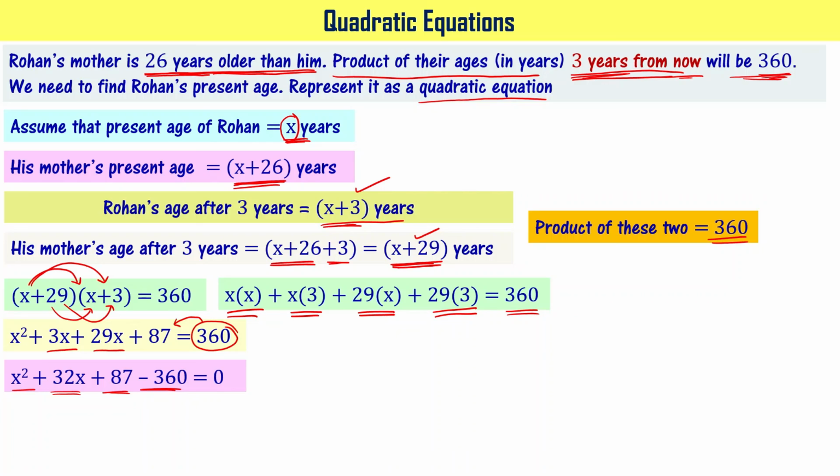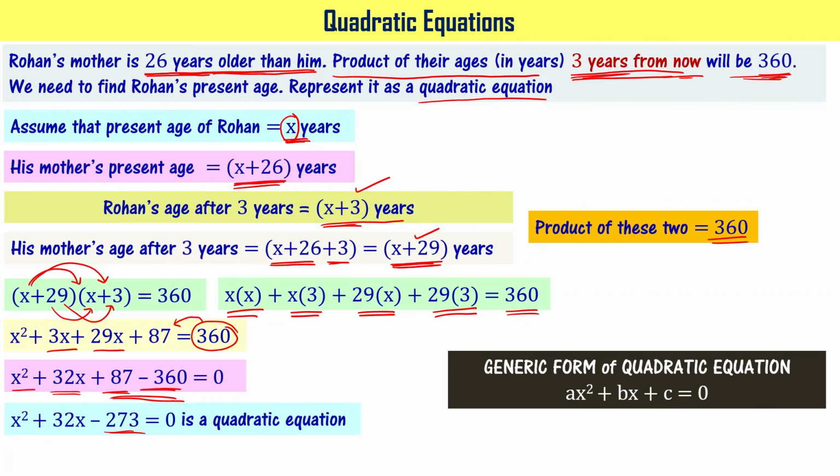This is the equation we have. Now I can simplify these two further so that I can write the equation as x square plus 32x minus 273 equal to 0. This is in the form of ax square plus bx plus c equal to 0, right? For that reason, we can say that this equation is a quadratic equation. When you solve this equation, you will get the value of x, right?